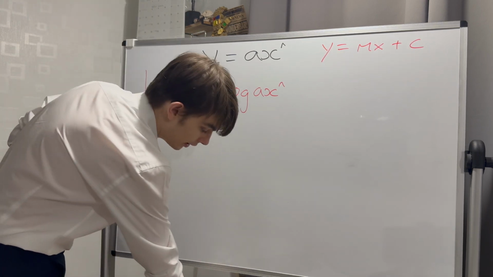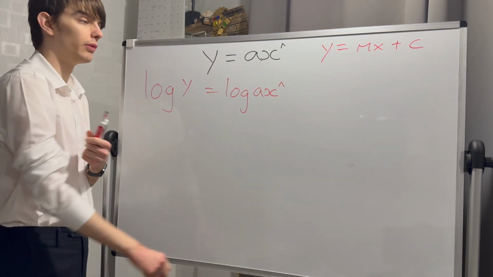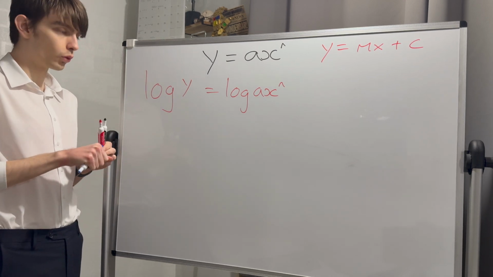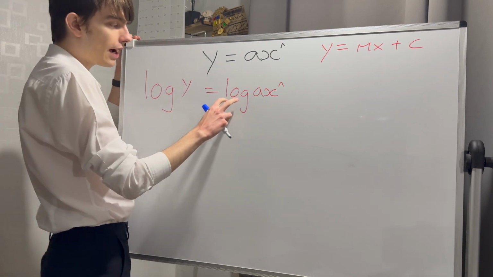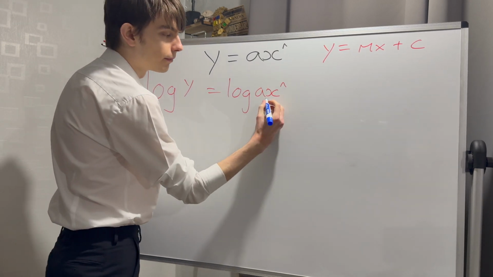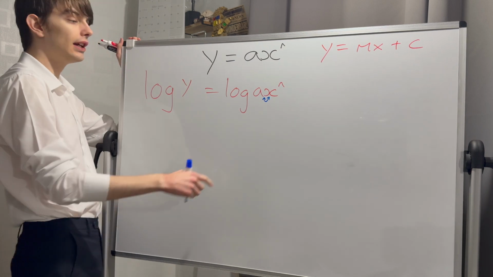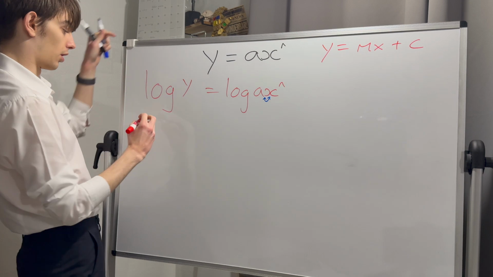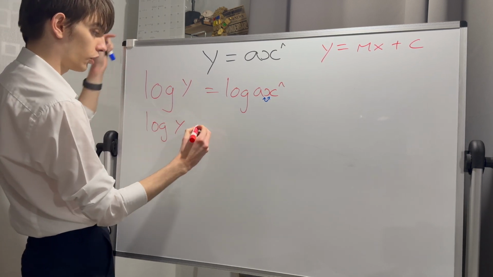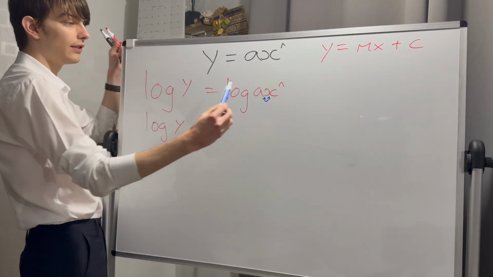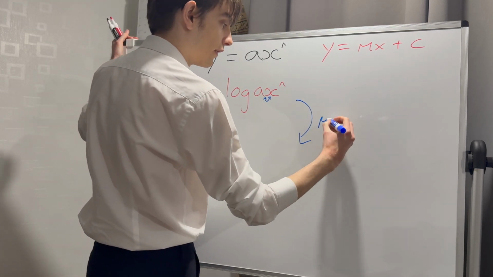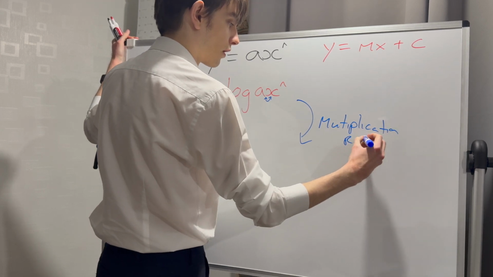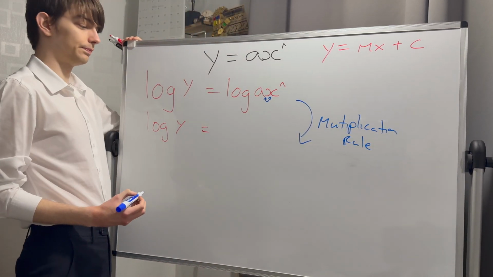Now what I'm going to do is apply some of the rules that we learned in the last video. The first rule that I'm going to apply is for when I have a log of two things multiplied together. So here I have an a times an x to the n. Now I'm going to keep my log of y the same because that's not changing, and I'm going to split these up using the multiplication rule of logs.